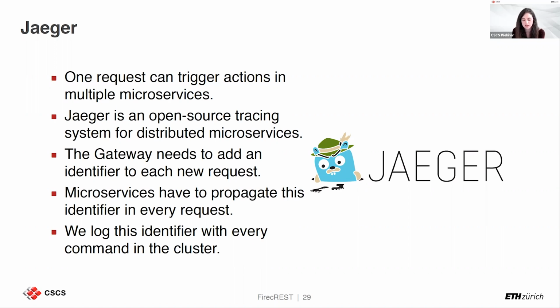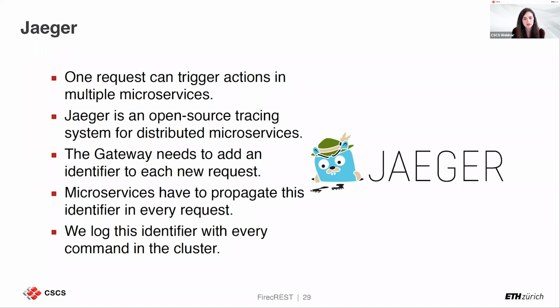You will see an example afterwards, but maybe the user has made a request to the storage microservice and is getting an error, but the error might be coming from some secondary request in the task microservice or somewhere else.